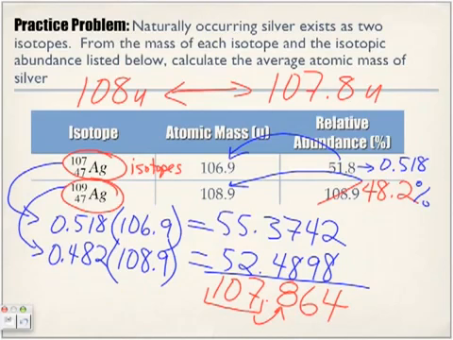Here I'm telling you 106.9 is the atomic mass of your silver, but you're looking at it and going, no, you're lying. But why? Because the different isotopes play a very big part, because that is an average based on the isotopic abundance of each one of the different isotopes.